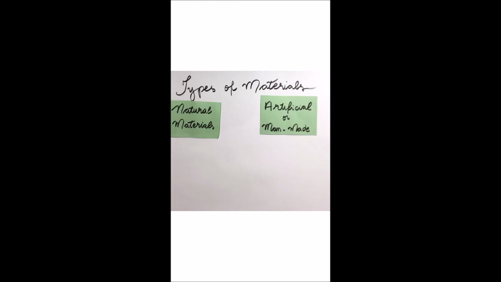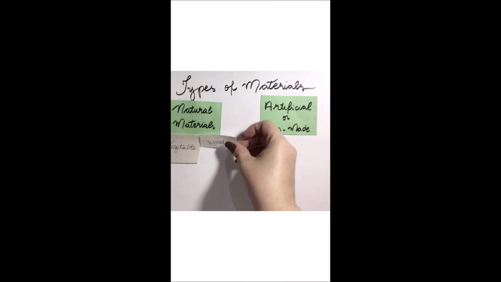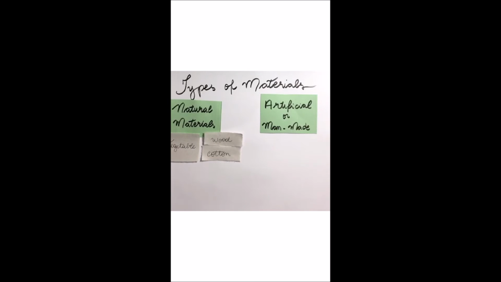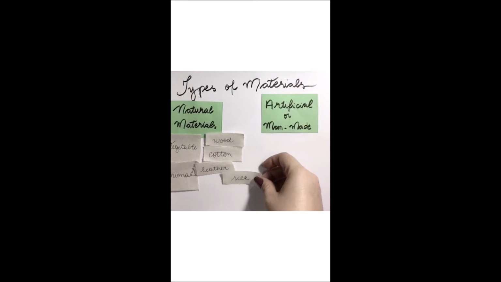They can be vegetable, which means those are materials that come from plants. An example is the wood and the cotton. Or they can be from an animal, for example, the leather, the silk, or the wool.